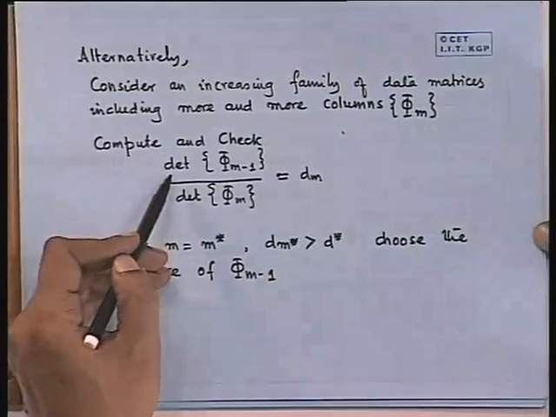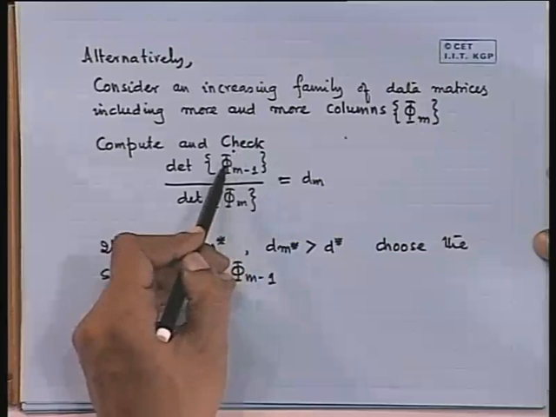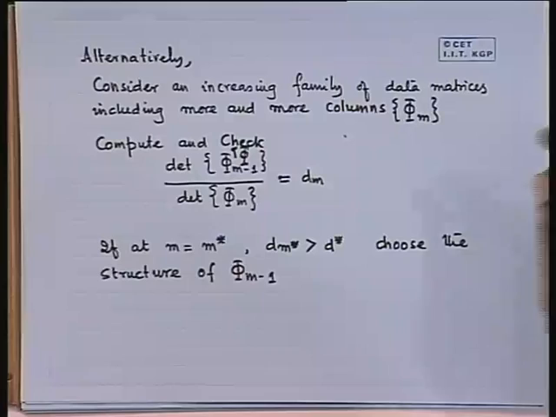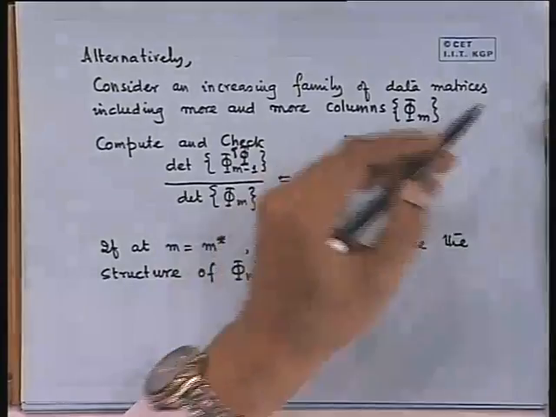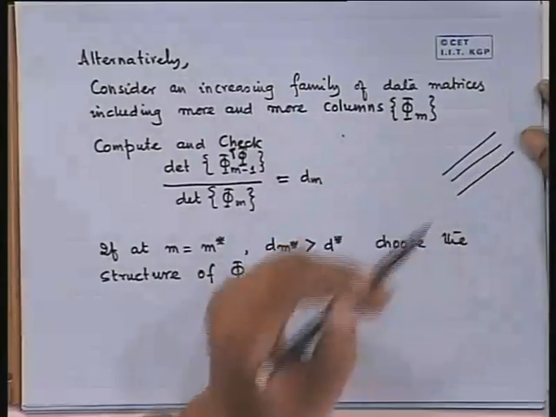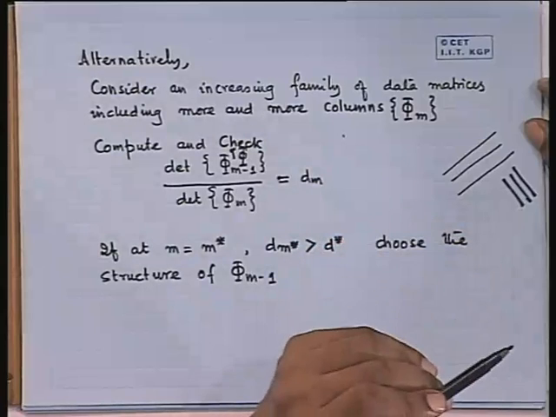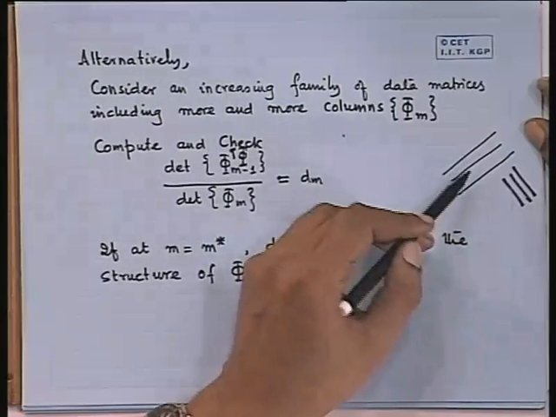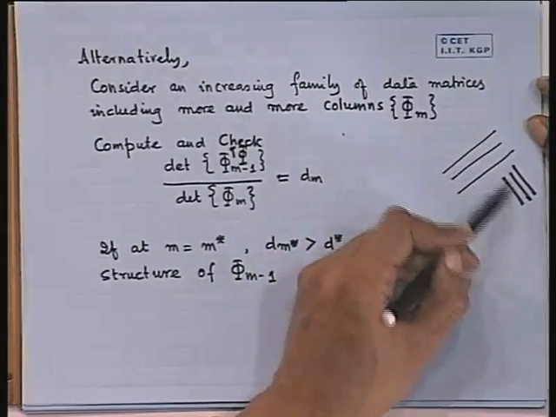If you construct a determinant, actually this should not be phi, this should be phi transpose phi. Phi is a non-square matrix, it cannot have a determinant. So if this is phi and this is phi transpose, then you have phi transpose phi.